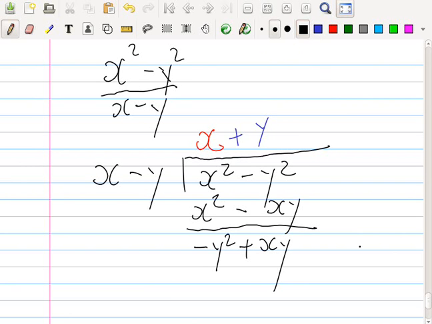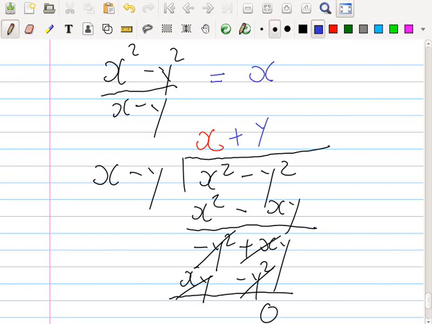Now when I multiply y by x, xy, and then y by minus y, minus y squared. And if you subtract them, you have an xy and a minus xy. They're gone. And a minus y squared minus minus y squared. It's gone, 0. So the answer here, x squared minus y squared divided by x minus y equals x plus y.